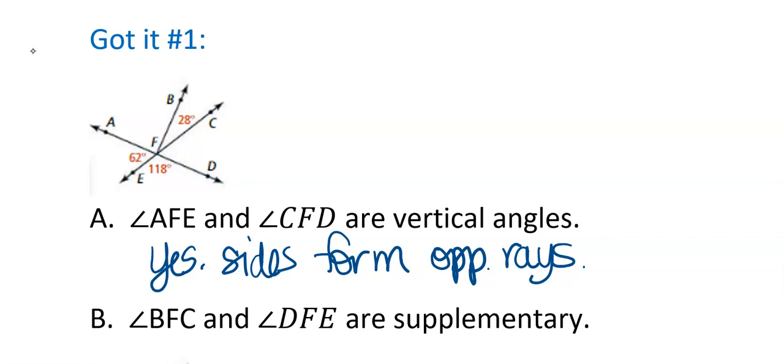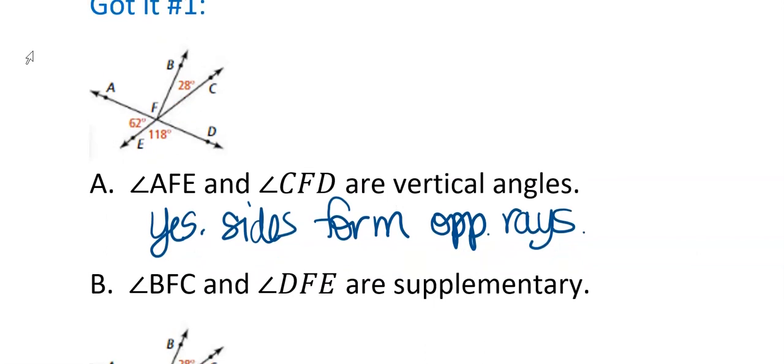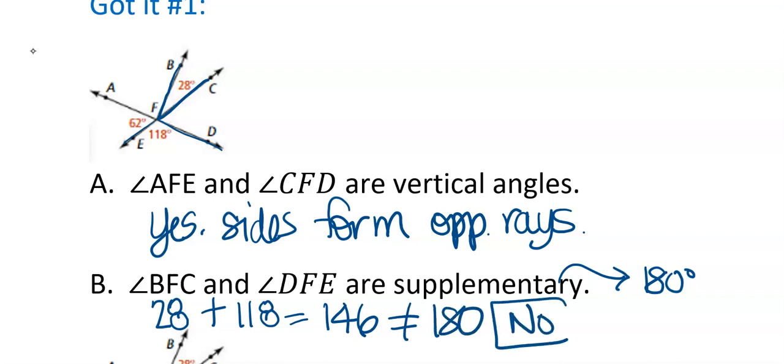Okay, are BFC and DFE supplementary? So BFC is 28. DFE is 118. So to be supplementary, they need to make 180 degrees. I can tell you already that these do not add up to 180. They only add up to 146, which doesn't equal 180, so no.